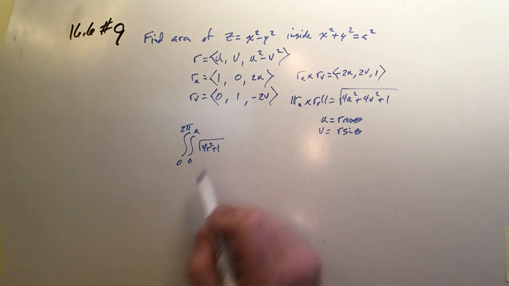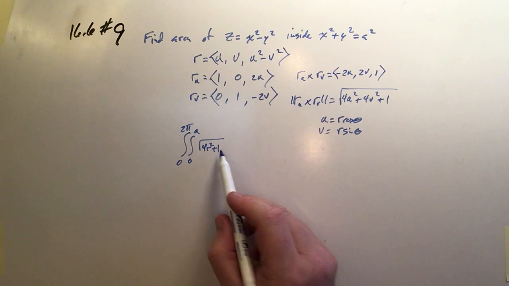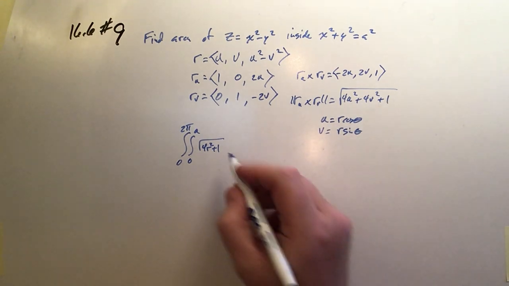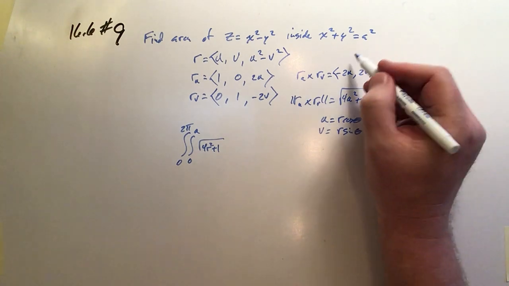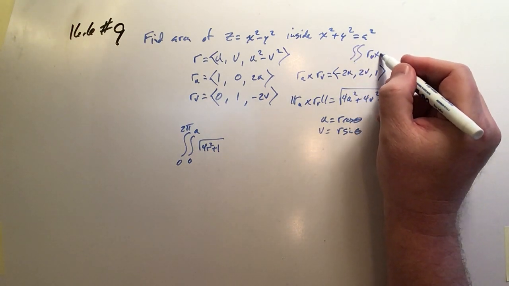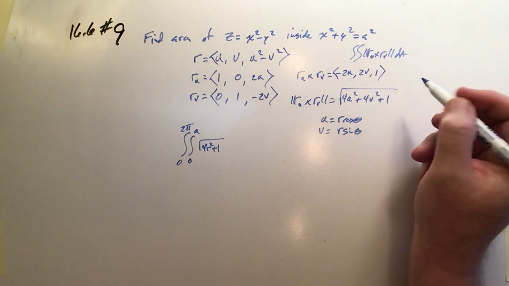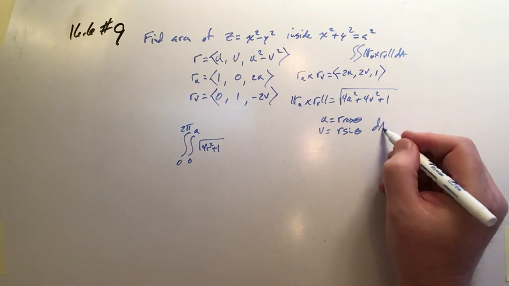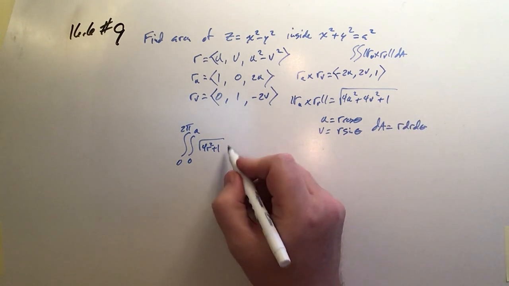Before you think this will get hard, keep in mind that we've converted into polar coordinates, which means our dA, which comes with the integral, changes. Remember, we're doing the double integral of the magnitude of ru cross rv dA. Our dA in polar coordinates is r dr d theta, so that brings an extra r with it.